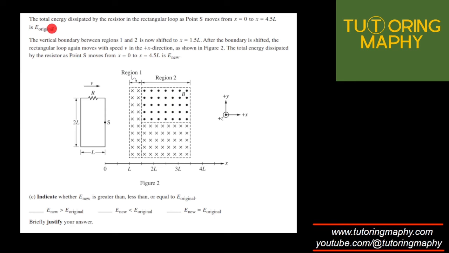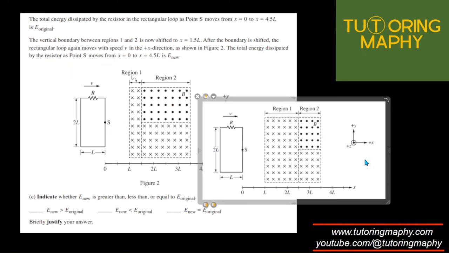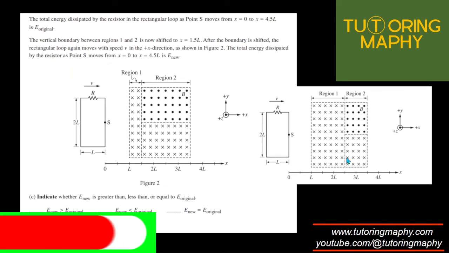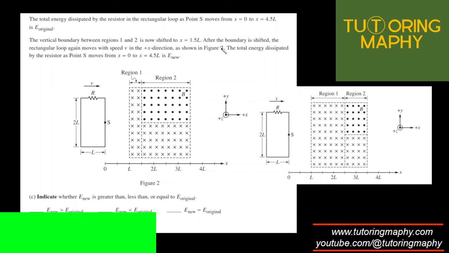Okay, now they're saying that the total energy dissipated by the resistor when it moves from 0 to 4.5L is E original. Now the vertical boundary of region 1 and region 2 is shifted to 1.5L. So initially, and I can pull this up so that you can see everything in a single view, region 2 was starting from 2.5L, and now it's starting from 1.5L.